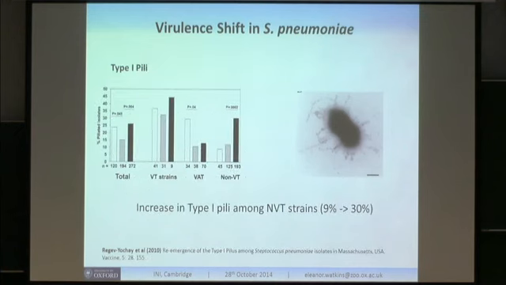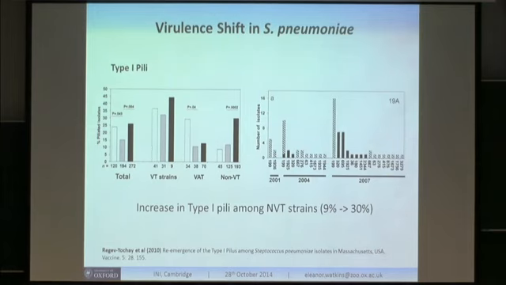Here we see some data from the States, and what we can take away from this is that before vaccination, type 1 pili were mainly associated with vaccine strains. After vaccination, as the vaccine strains went down, the pili went down, and then we saw a resurgence in 2007 of a greater proportion of piliated strains coming back, driven again by ST695 and ST320.